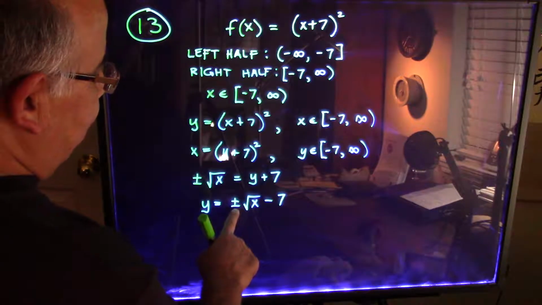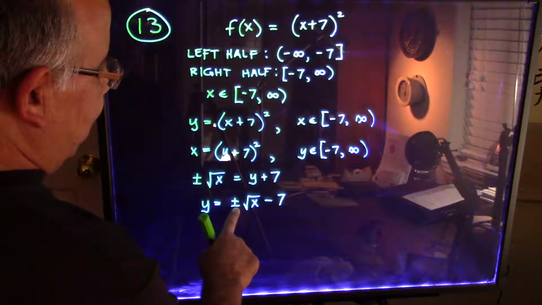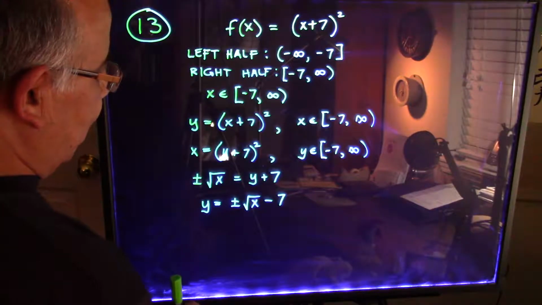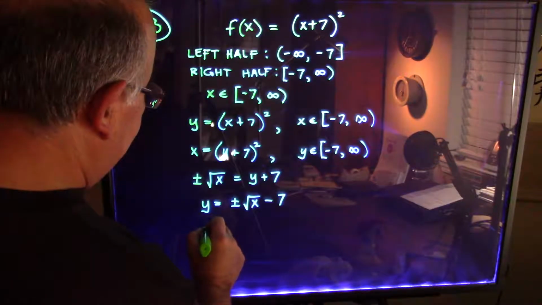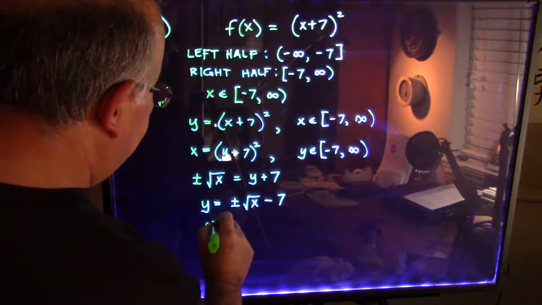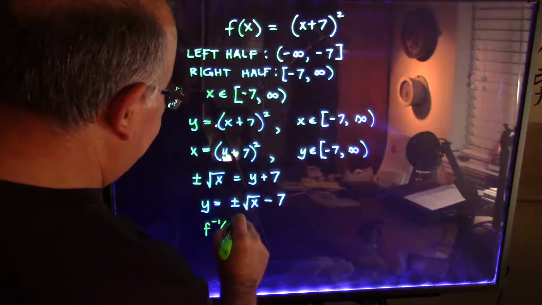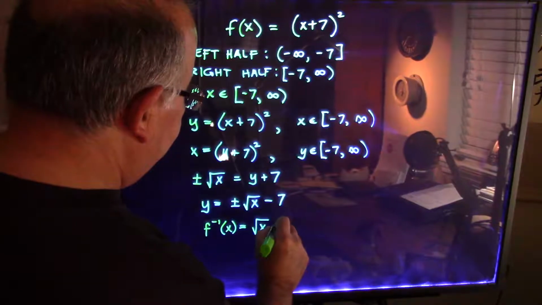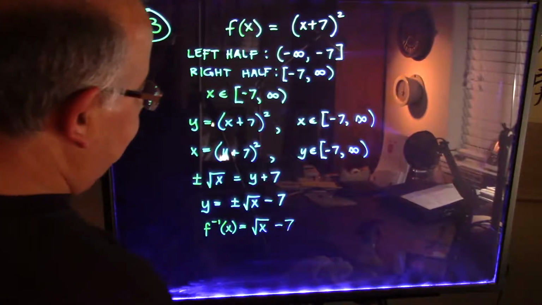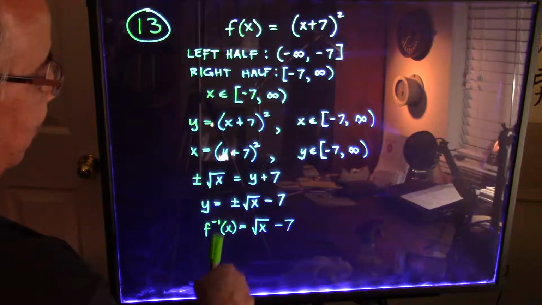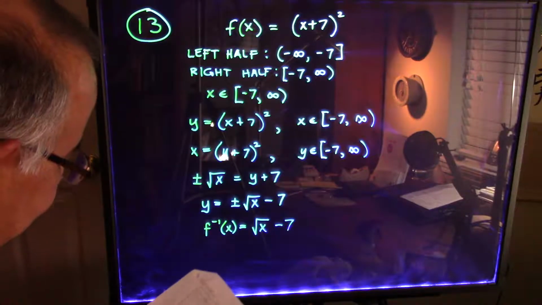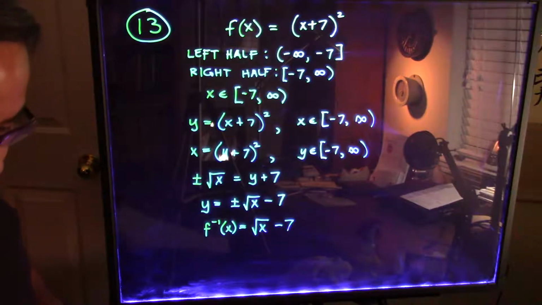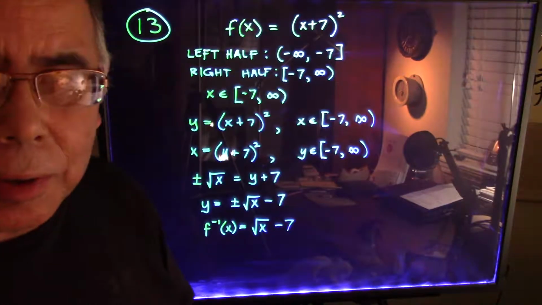Alright, so you need to disregard the negative square root and just take the positive square root. So that means f inverse of x would be equal to the positive square root of x minus 7, which you would just indicate by not putting any sign there at all. Alright, so that's the positive square root. Alright, so there's your f inverse.